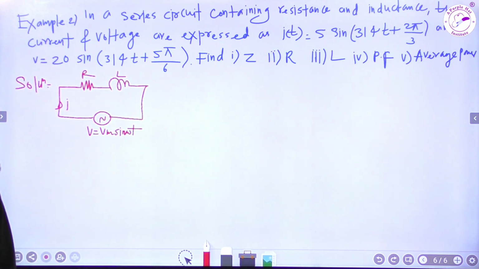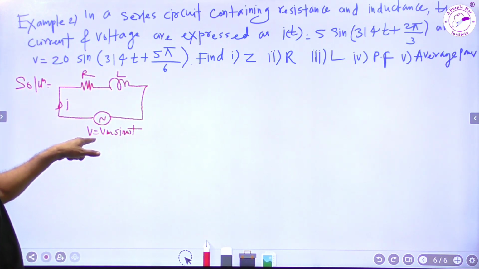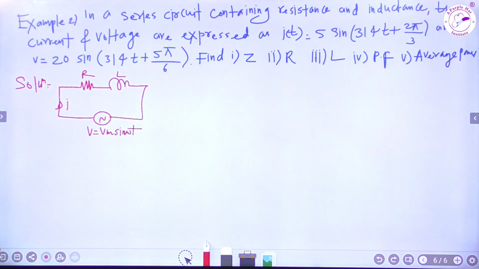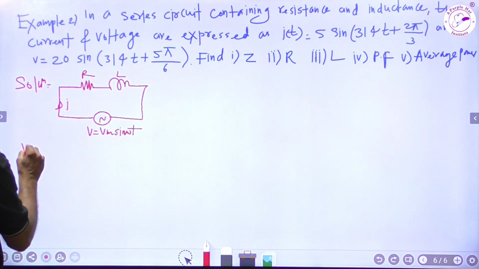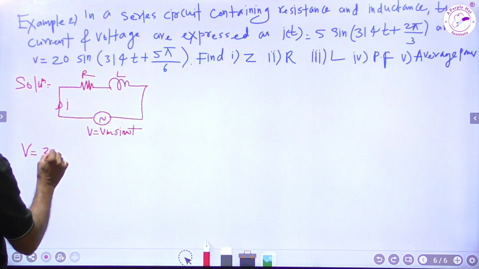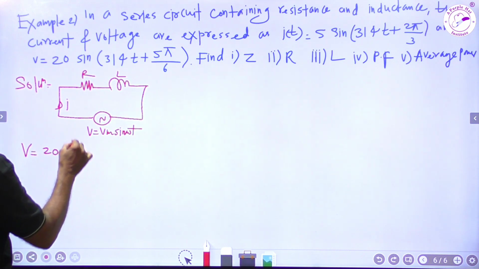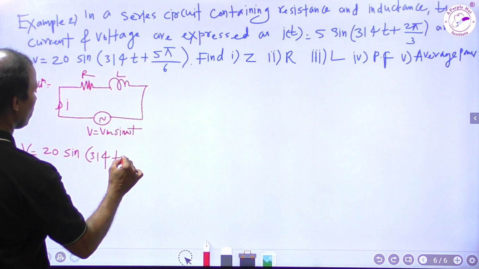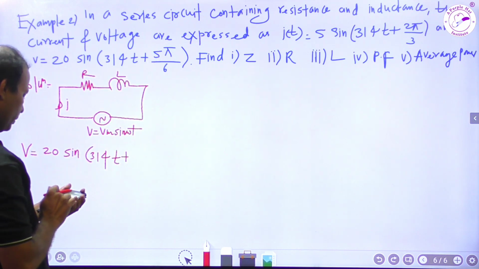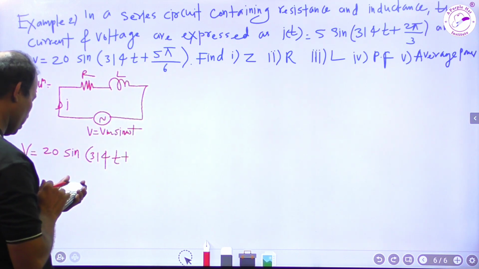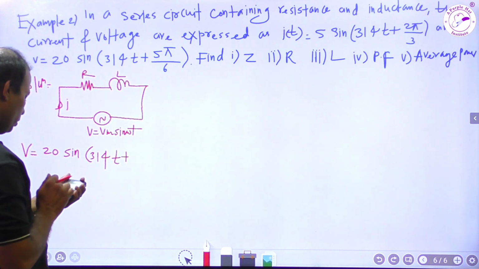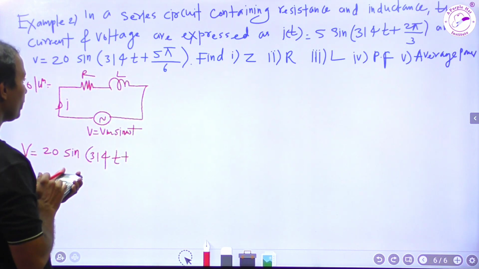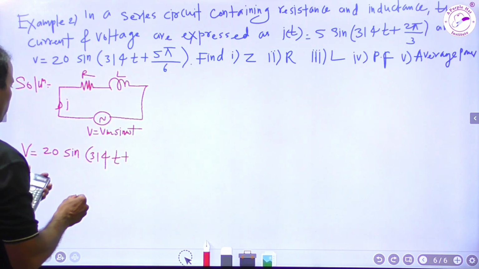Voltage and current are given. What is the voltage? V equal to 20 sine 314t plus 5 pi by 6. Actually this is convertible: 5 into 180 divided by 6 is 150.